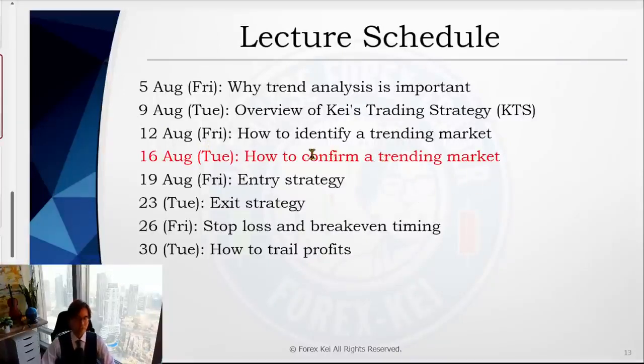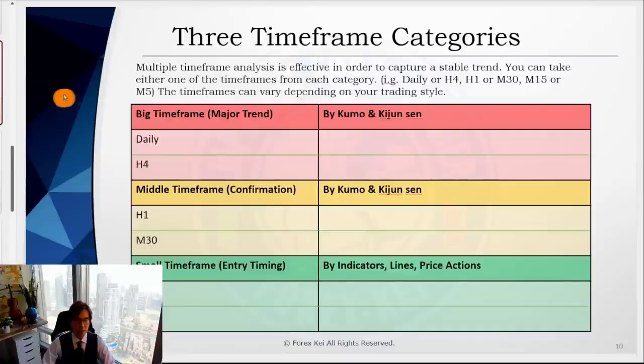This part is really important because without this confirmation, again, you may be caught by the retracement. Let's say you see the market is going down based on the daily time frame. Let's say, if you can remember this chart, daily is down, and 4-hour is also down. So you may think that this is trending down nicely, and that this downtrend will continue.